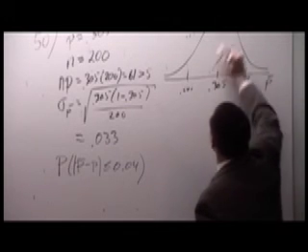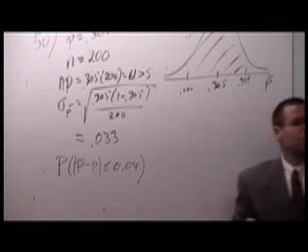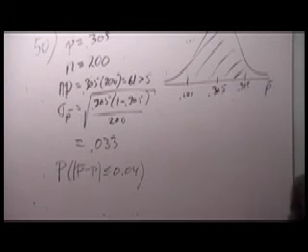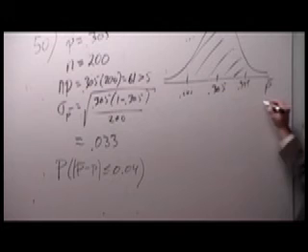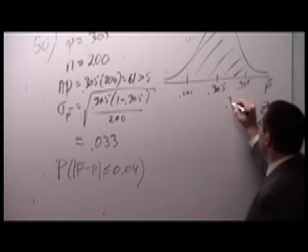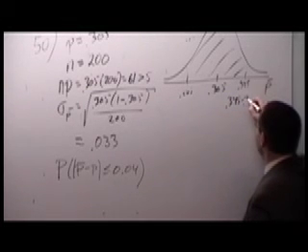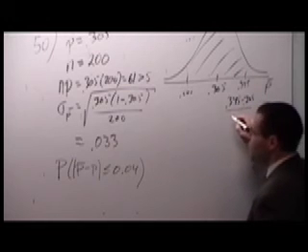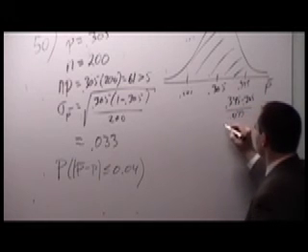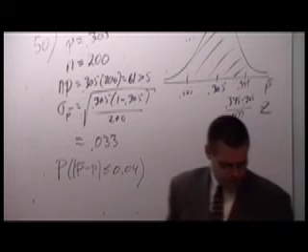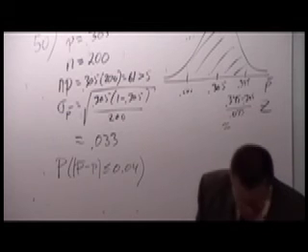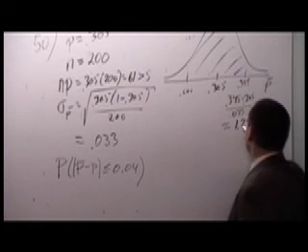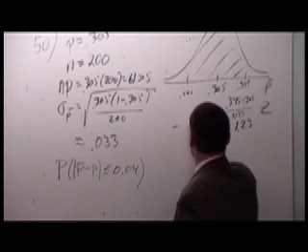So we're looking for this area. The next step is to find Z. So we take 0.345, subtract 0.305, divide by 0.033, and that's approximately 1.23, and minus 1.23.